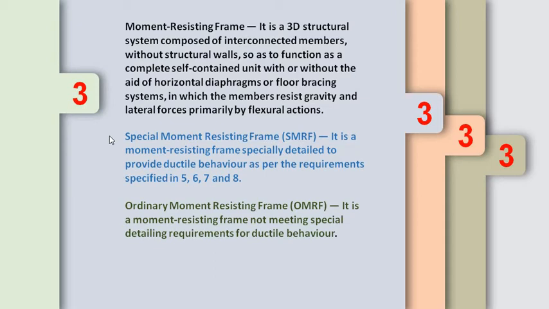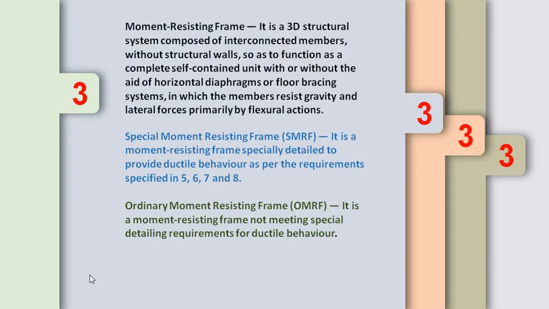While designing, we have to decide whether we are designing our frame to meet the requirements of 13920 or not. If it is meeting the requirements of 13920, it is SMRF. If it is not, it is OMRF.